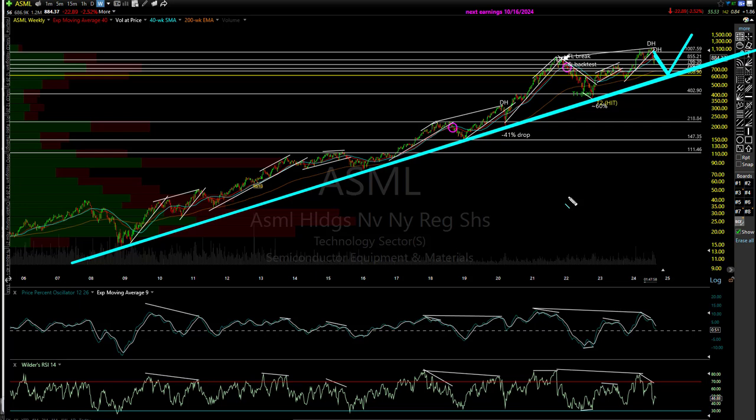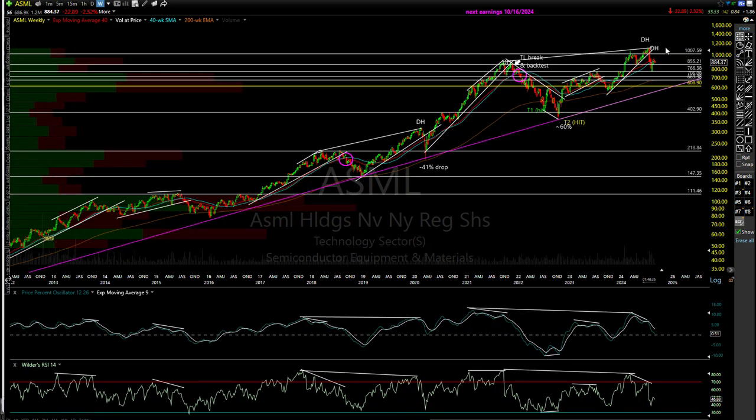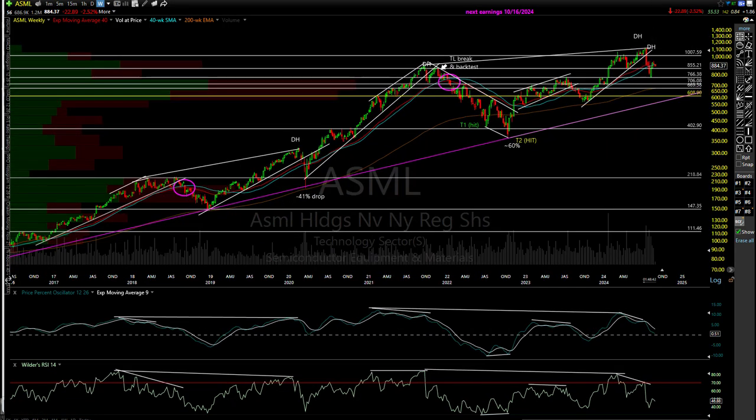So I'm a swing trader, and I'll swing these 41%, 60% corrections, if you will, cyclical bear markets within a larger secular bull market. And that's it.